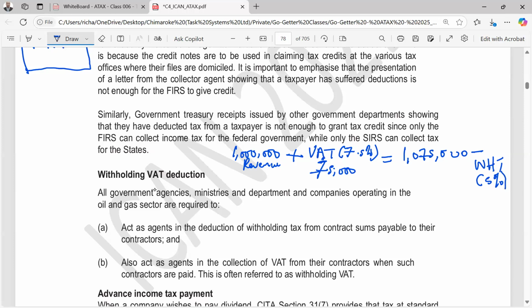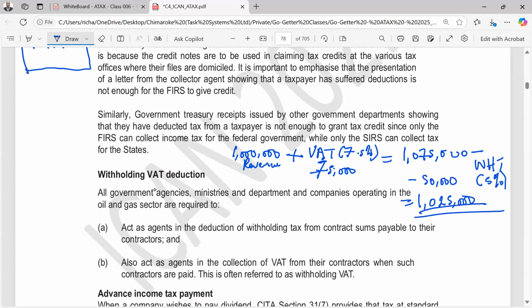It's on your revenue. 5% is 50,000. So instead of giving you 1,075,000, it's supposed to be 1,025,000. This is what is supposed to come to you.